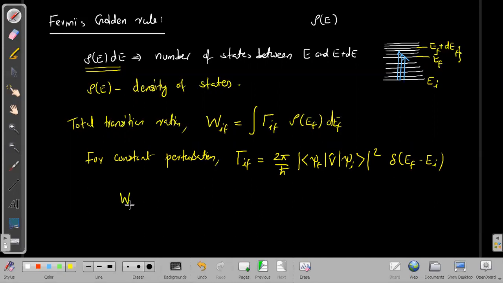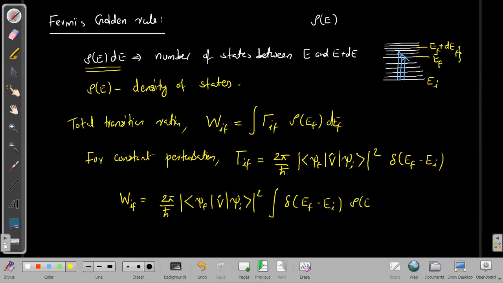If you integrate this gamma_IF over the final energy levels, in this integration I can put the 2 pi by h cross as a constant, and the inner product psi_F V psi_I squared is also a constant. So the integration is only over the Dirac delta function of E_F minus E_I, because the integration variable is only E_F, and rho of E_F into dE_F.